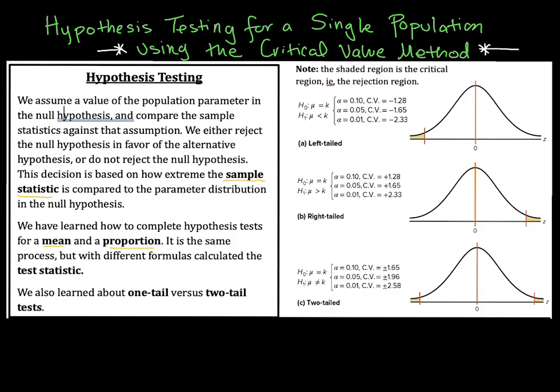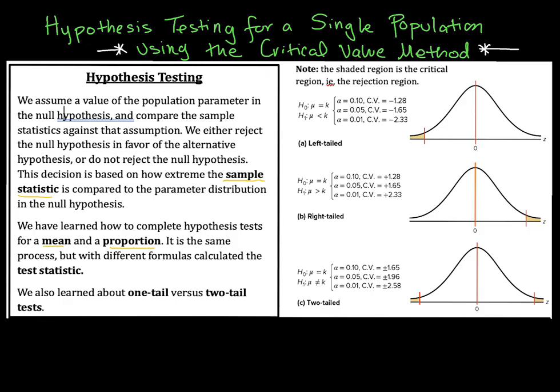There could be other ones, but those are the ones we're learning about. And so you basically use that data, either that sample mean or that sample proportion, to conduct the test. And so over here you can see we have a couple examples.